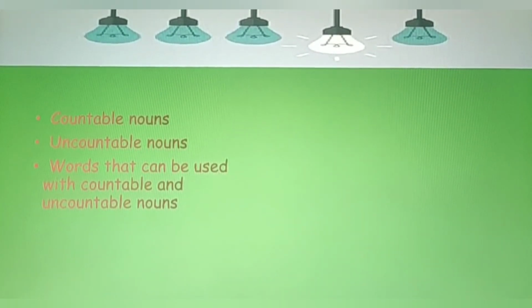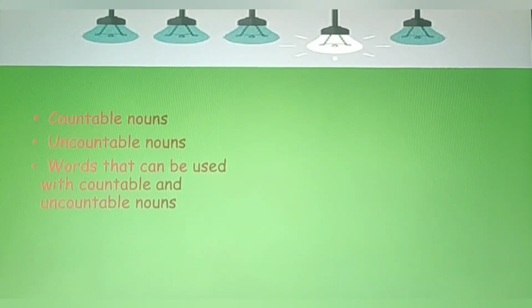For example, E is a vowel, so we use an egg, an apple, the table, etc. The other words that we can use with countable nouns are some, many, few, plenty, etc. Some flowers, many boys, few questions, etc.